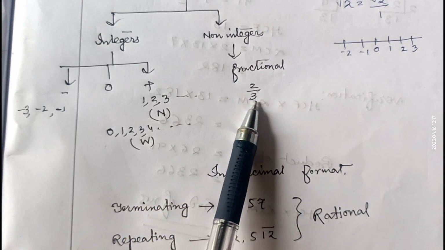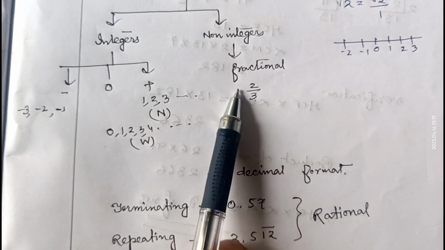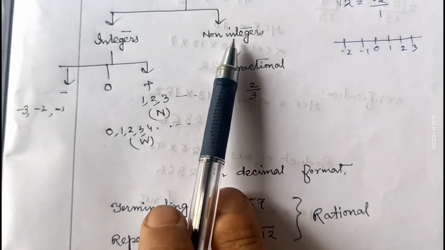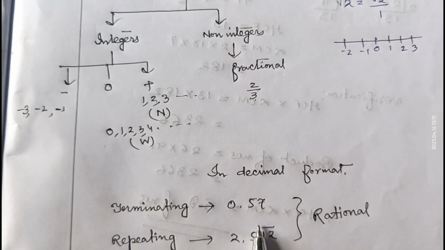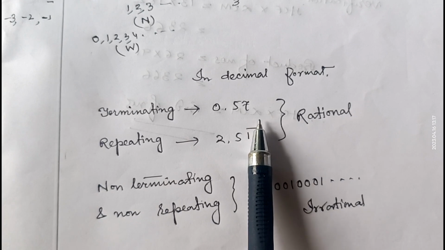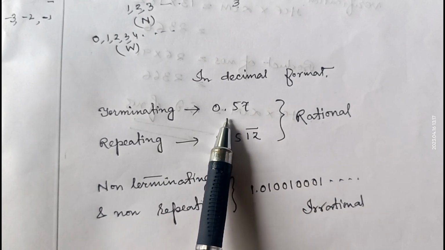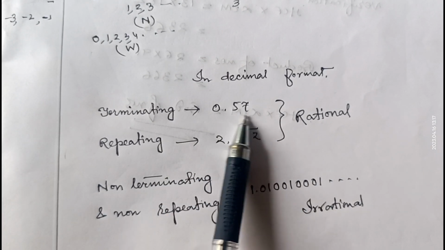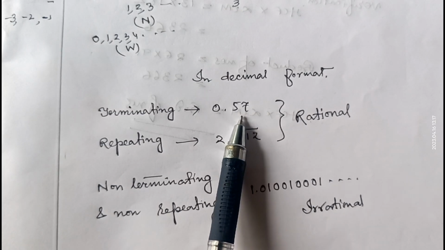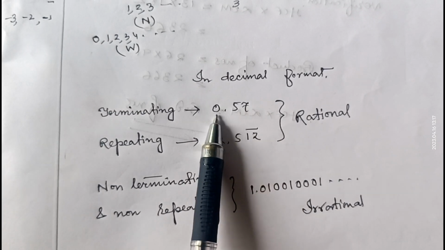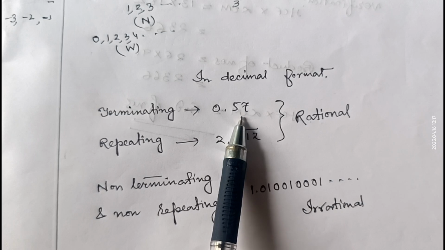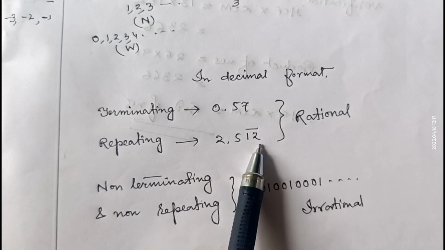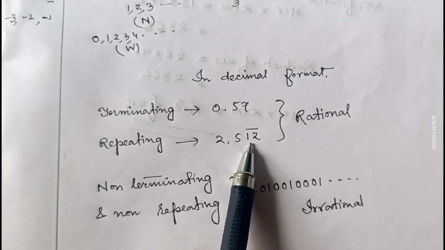Suppose we have written numbers like 2 by 3 or 3 by 4, those parts which are fractional parts, they are called non-integers. Again, if we say in decimal format, if we are having numbers like 0.57, this type of numbers which is terminating, it has stopped, then this type of decimals are called terminating decimals. Suppose 2.5121212, here 12, this part is repeating.